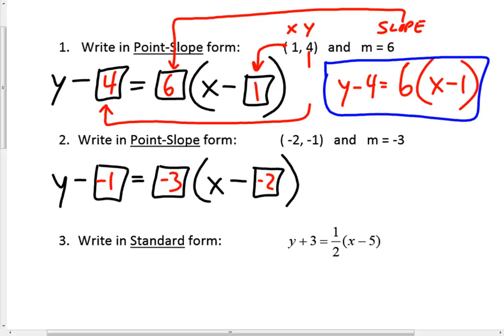If you wrote that, you'll get half credits. I need to see that a negative being subtracted turns into a positive.